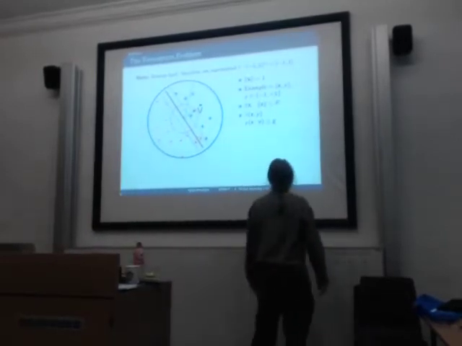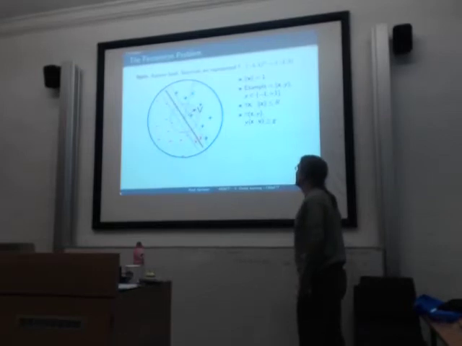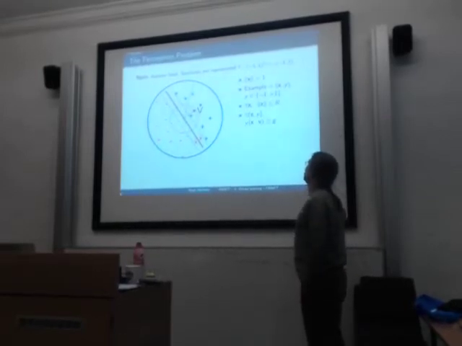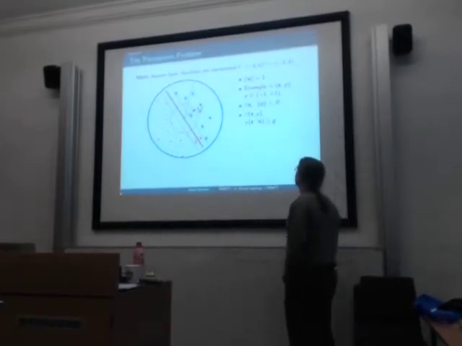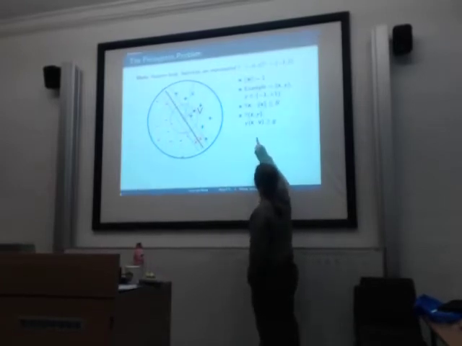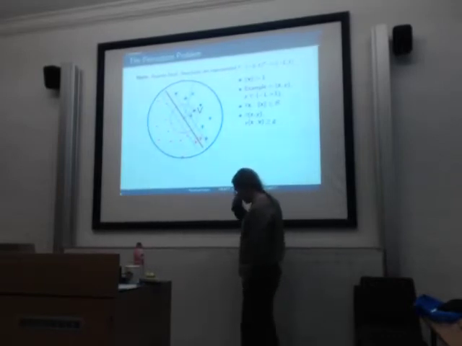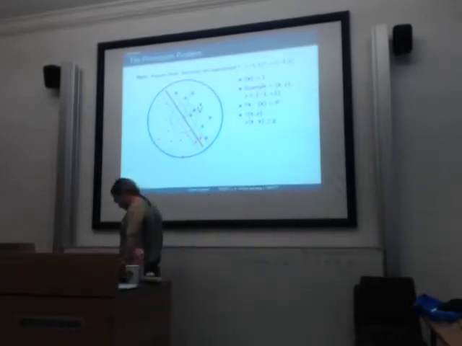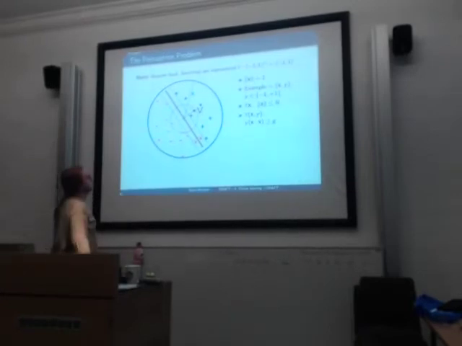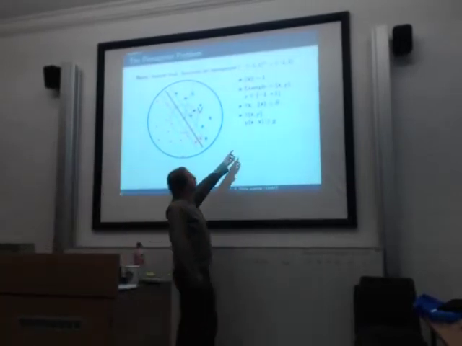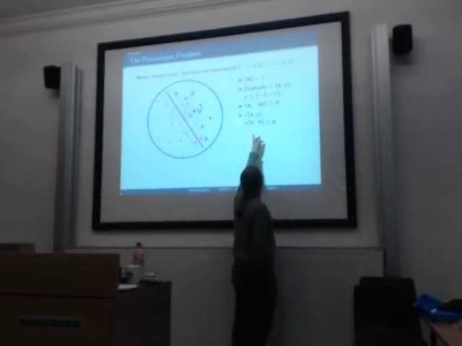And the assumption on the classifier that we find eventually is that it's going to classify the examples correctly with some margin g.